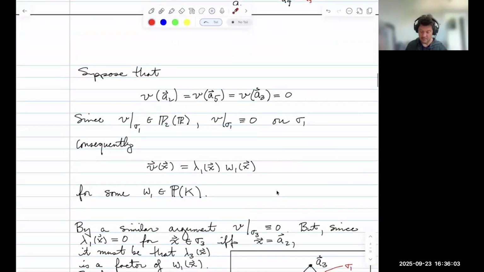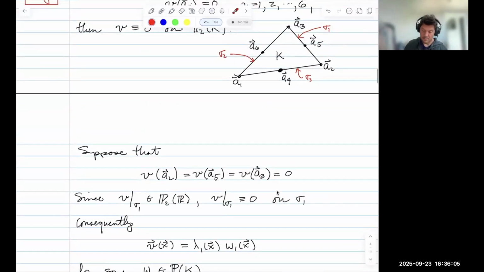So that's the first fact that I'm going to put in my pocket. When I restrict to these 3 points, I have a second degree polynomial with zeros at 3 distinct points, and therefore the polynomial restricted to that line has to be equal to the 0 polynomial.